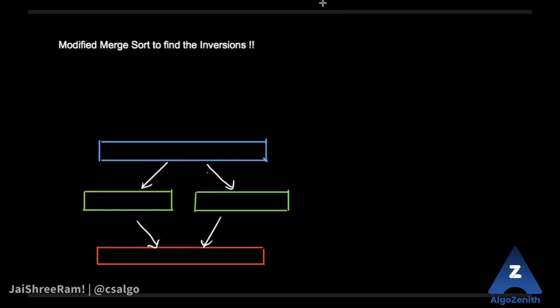So we would be resorting to something called modified merge sort to find the number of inversions. First of all, we need to understand what we are doing in this. Let's say there are two elements which are causing an inversion, something like this. There are two elements over here, and this is the place where we are splitting the array into two parts.